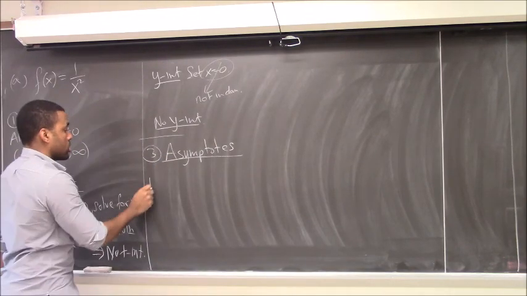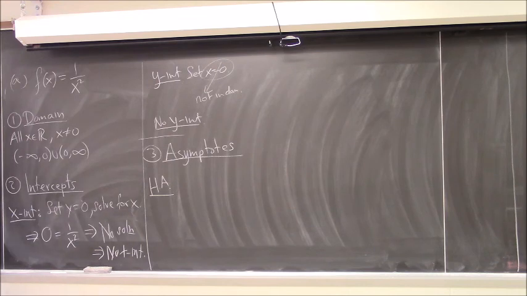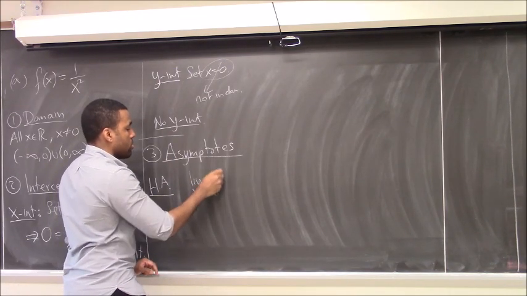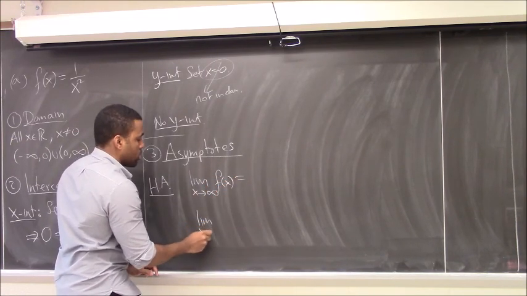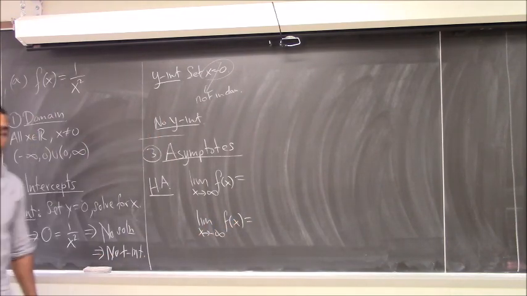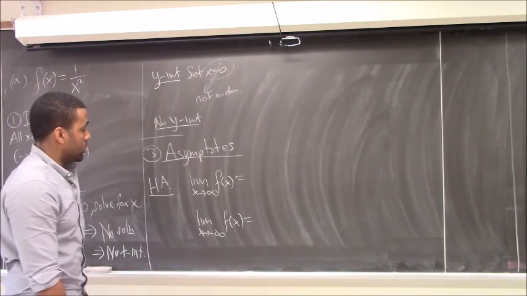Let's focus on the horizontal first. For the horizontal, we're going to find the infinite limits. I'm going to find the limit as x approaches infinity of our function, and the limit as x approaches negative infinity of our function. If either of these gives me a constant, an answer, that will be the horizontal asymptote.